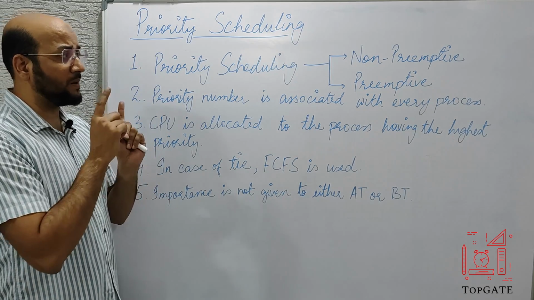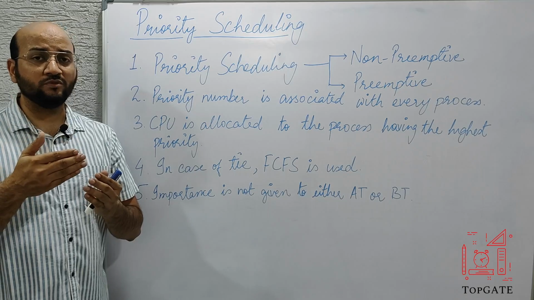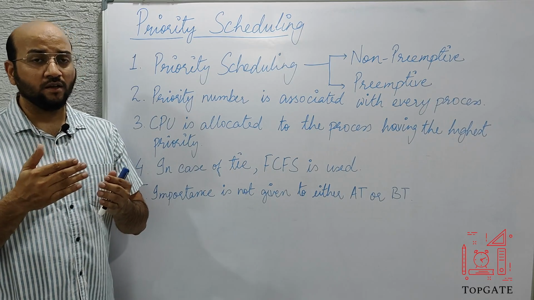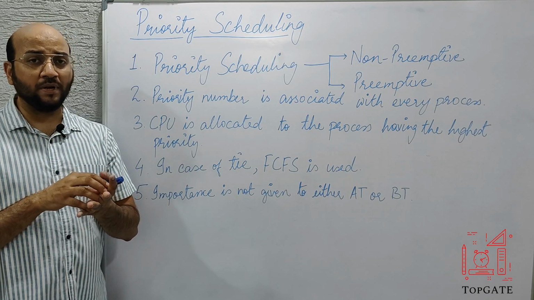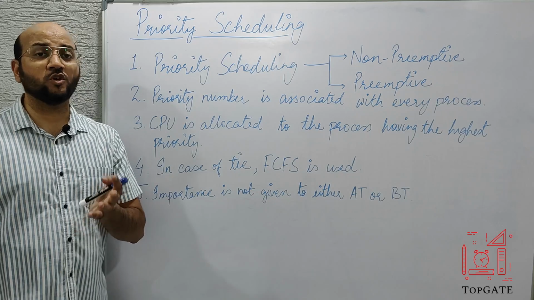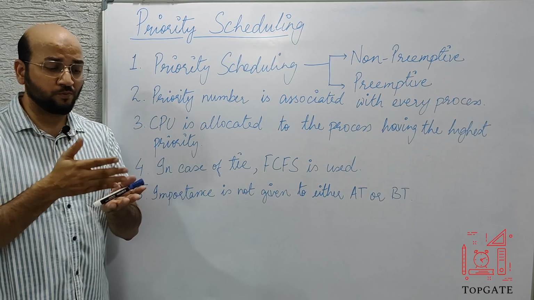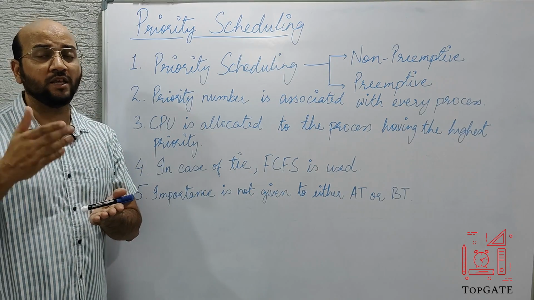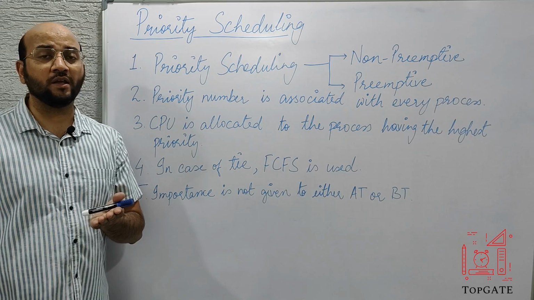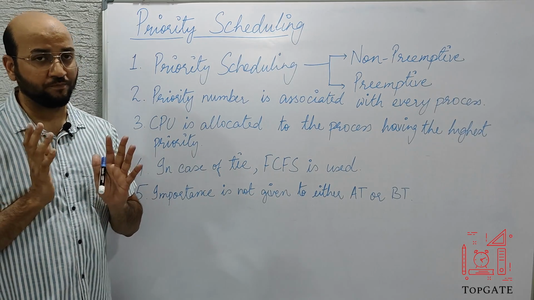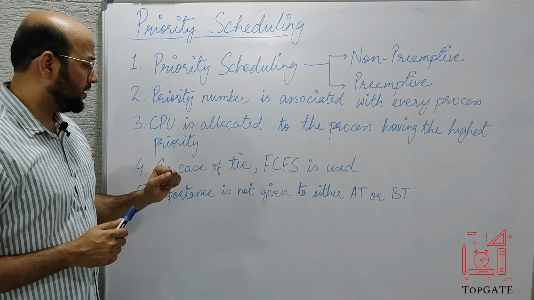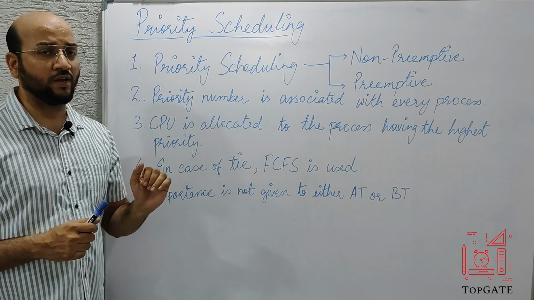And if we are doing a preemptive approach, then if any process is executing right now and, before it can complete, another process of higher priority comes, then this process has to be stopped and the process with the highest priority has to be scheduled first.